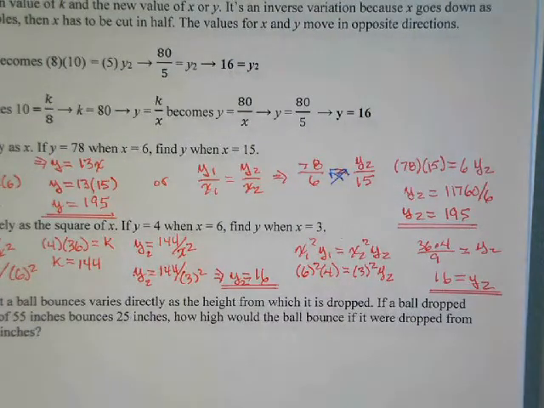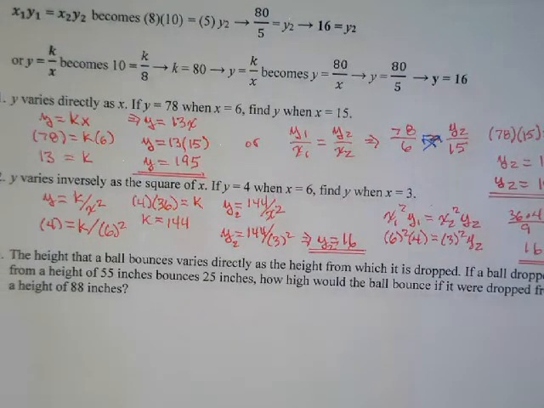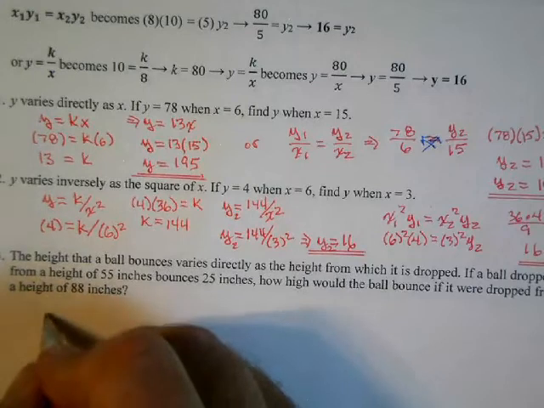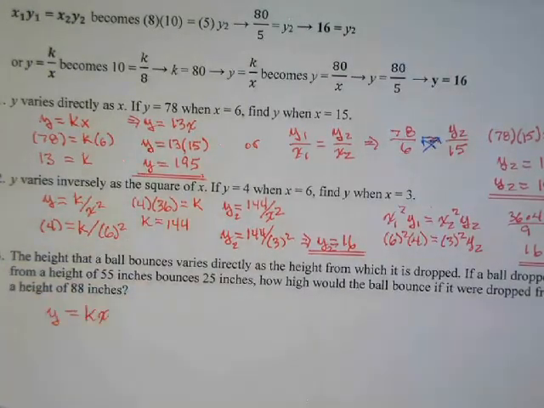All right, our last example. The height that a ball bounces varies directly as the height from which it is dropped. If a ball dropped from a height of 55 inches bounces 25 inches, how high will the ball bounce if it were dropped from a height of 88 inches? So, this is directly. So, y equals kx.